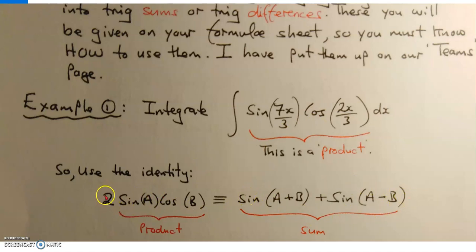Notice this 2 gets cross multiplied into a half times all of that. When you have sine A multiplied by cos B, you can rewrite it as the sine of the sum of the angles A and B, plus the sine of the difference of the angles A and B. That's the way example one is going to start.